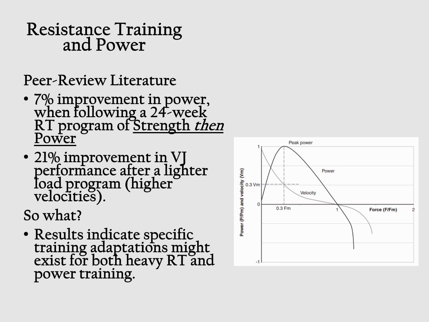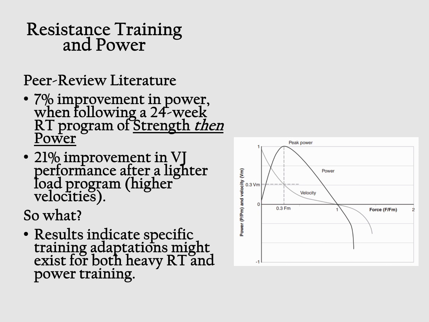In the graph that you see here to the right, we have this line that starts by the number 1, curves down by the word velocity, and then drifts off down below 0. That is the force velocity curve. So velocity is down by the right side, and maximal force is up by that top peak of the 1 right there.